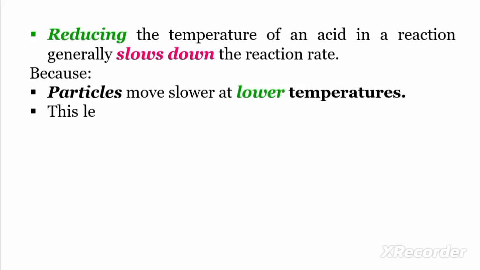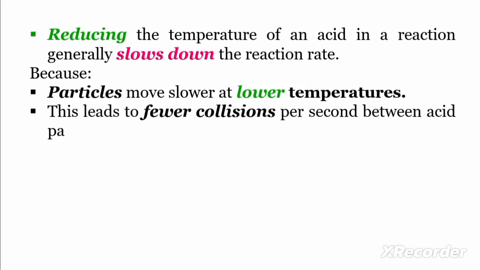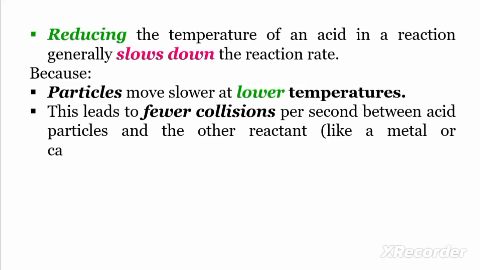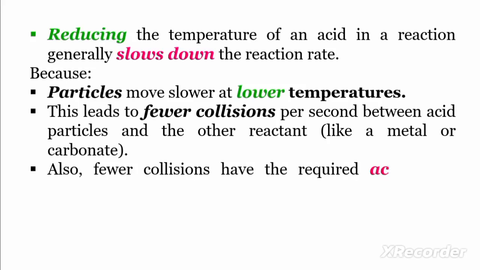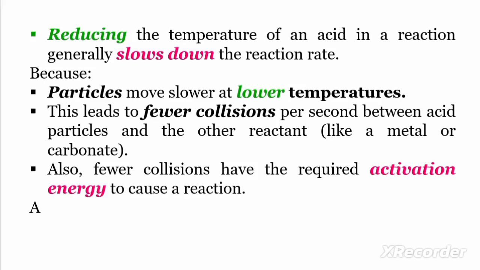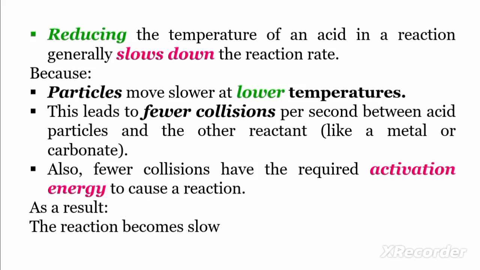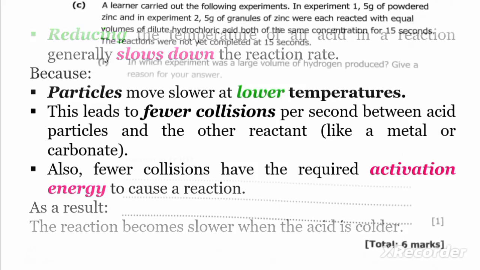This leads to fewer collisions per second between acid particles and the other reactant, like a metal or carbonate. Also, fewer collisions have the required activation energy to cause a reaction. As a result, the reaction becomes slower when the acid is colder.